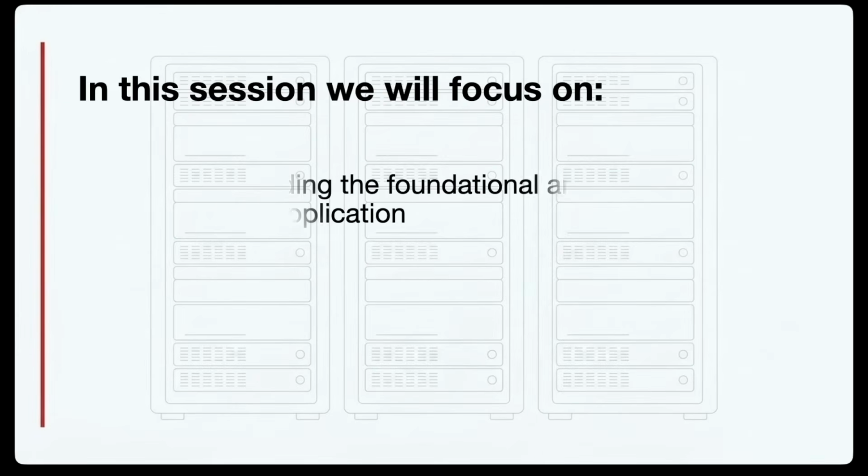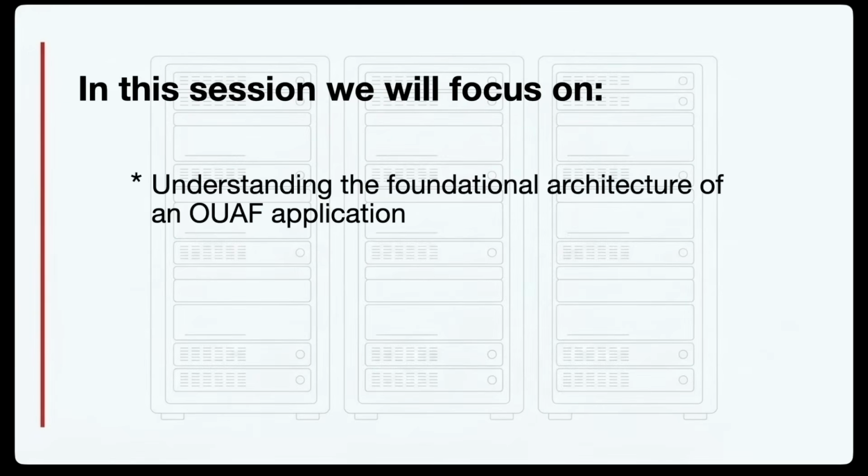In this session, we'll focus on understanding the foundational architecture of an OUF application. We will begin by exploring the classic three-tier architecture and understand how the presentation layer, business logic layer, and the persistence layer work together. Then we will look at the available deployment options.